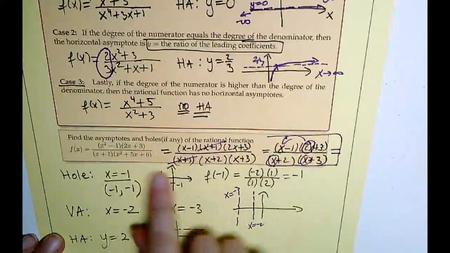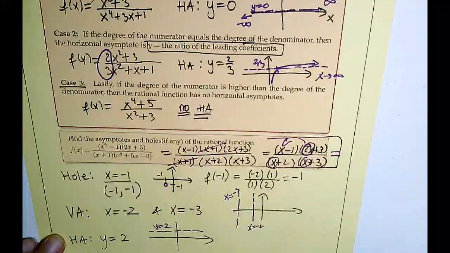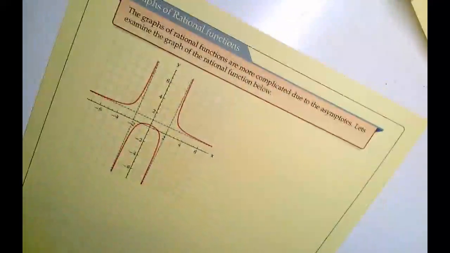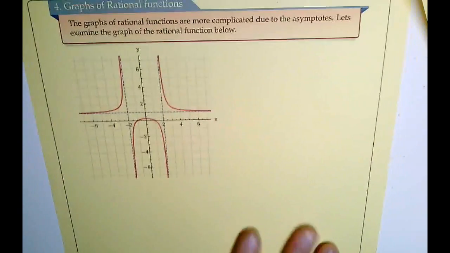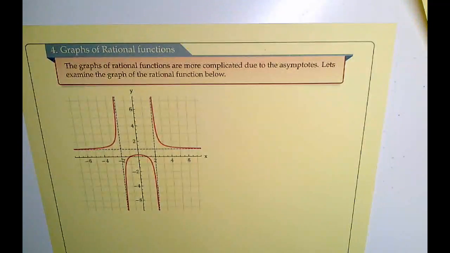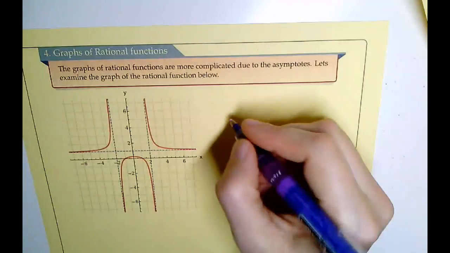All right, so this is how we find this information when we're given the equation. If we are given the graph, we can just look at the graph and decide what the vertical asymptotes are, if there are any holes, and so on. For this rational function, are there any holes?